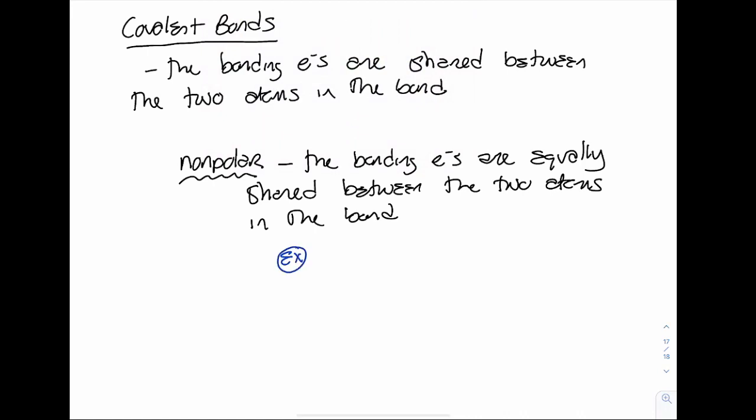So an example, if I was to draw a bond between two hydrogen atoms, I'm going to have hydrogen and then another hydrogen. And I'm going to use dots to represent those two electrons. We're going to talk more about this later on in this chapter, but right now we're just going to use those two dots to represent electrons. And a single bond actually is two electrons, so two dots.